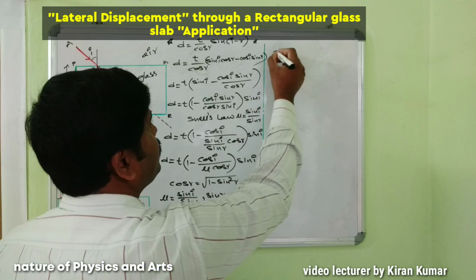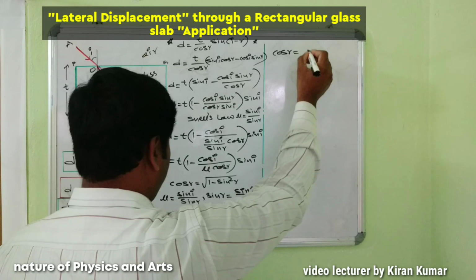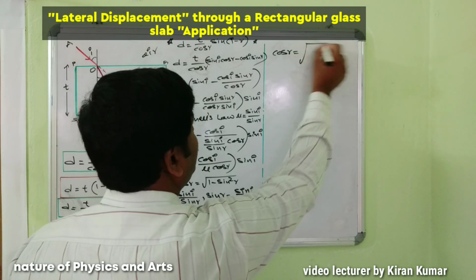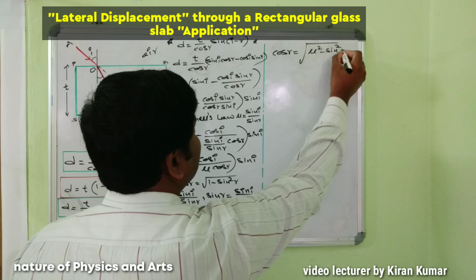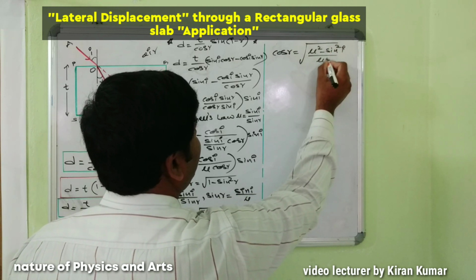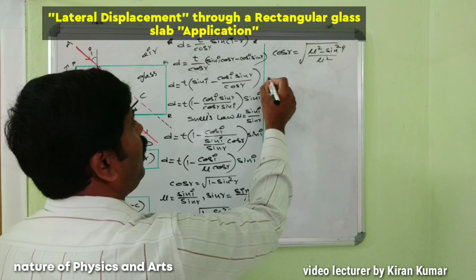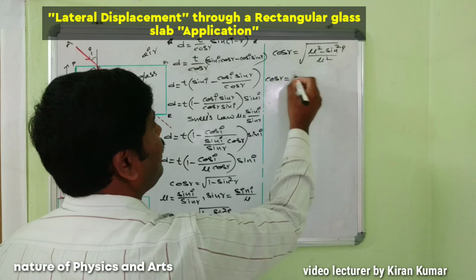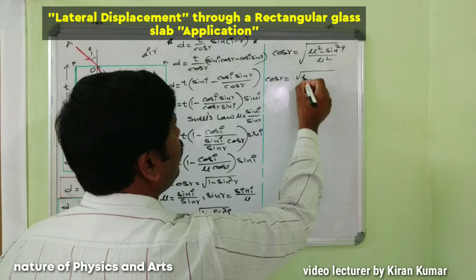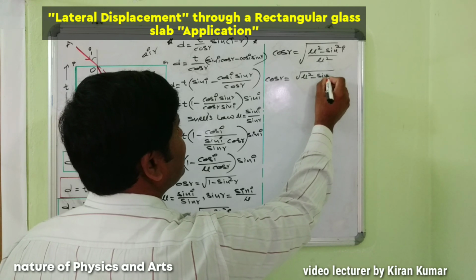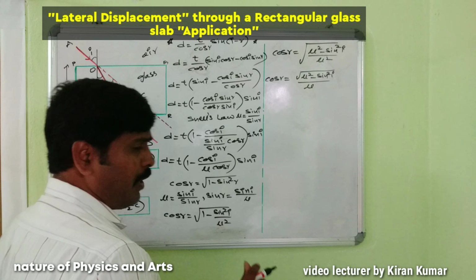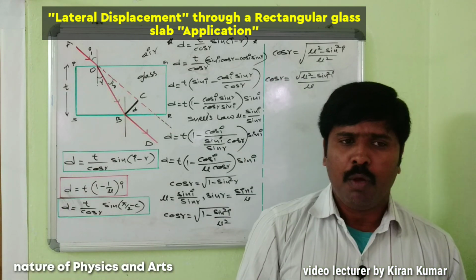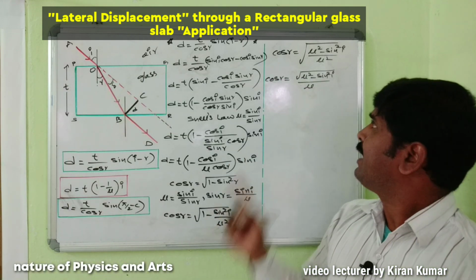Take the LCM. So here cos r is equal to root over mu square minus sin square i, whole divided by mu square. Now the resultant equation: cos r is equal to root over mu square minus sin square i, whole divided by mu. For the denominator, the square root of mu square gets cancelled.